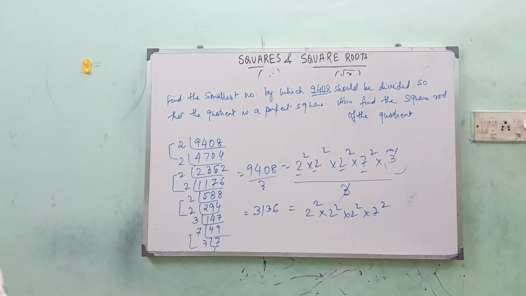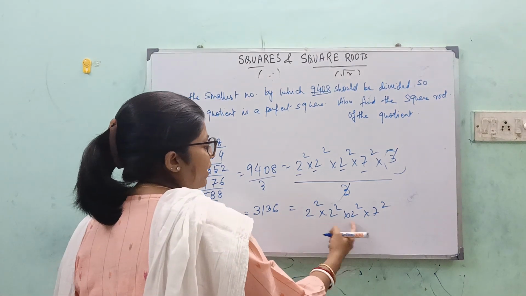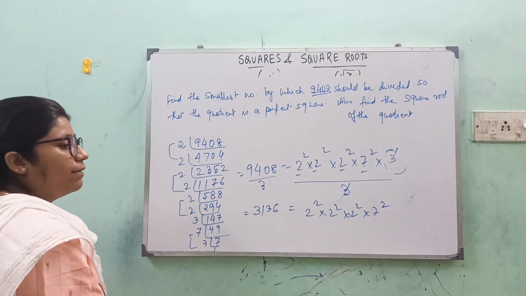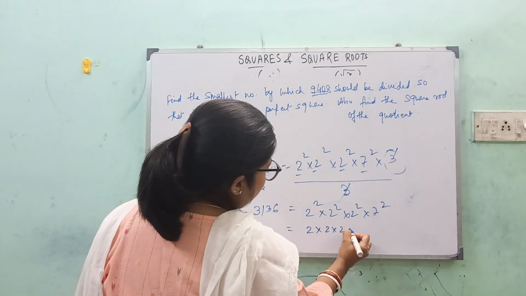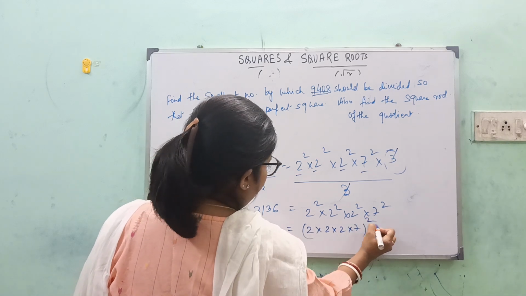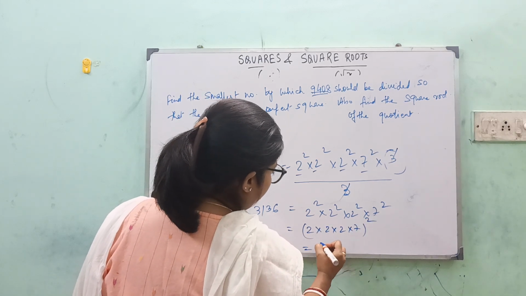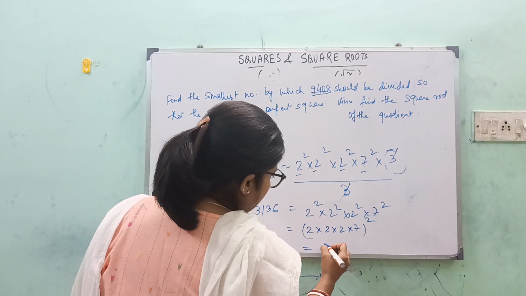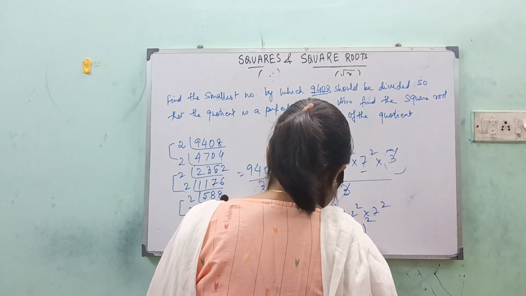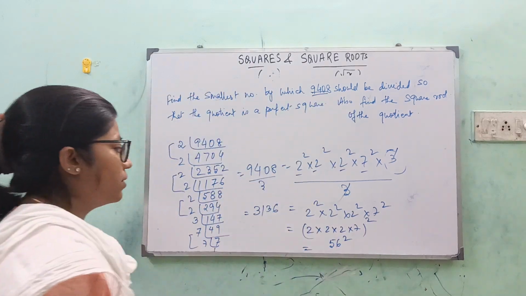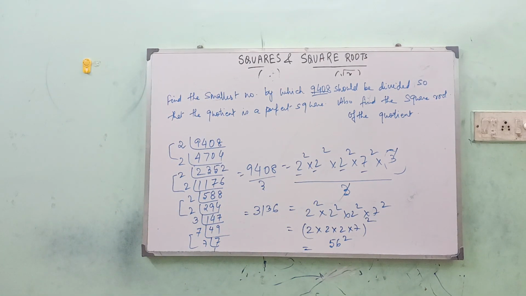So we can write this in the form of a product of pairs of equal prime factors. That means this is 2 into 2 into 2 into 7 whole square. That is, 2 twos are 4, 4 twos are 8, 8 into 7 is 56. So this is 56 square. So 3136 is 56 square.